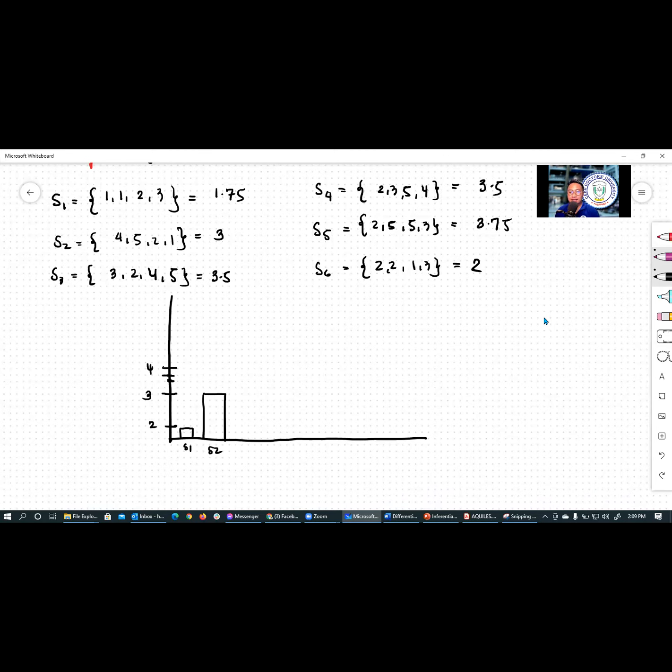S3 is 3.5. That's S3 and S4, right? S3 and S4 have the same mean. Now S5 is 3.75, so that's going to be a little bit like that. So this is S5. And then S6 is 2, so somewhere here.